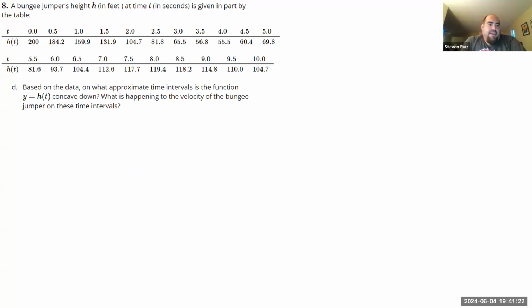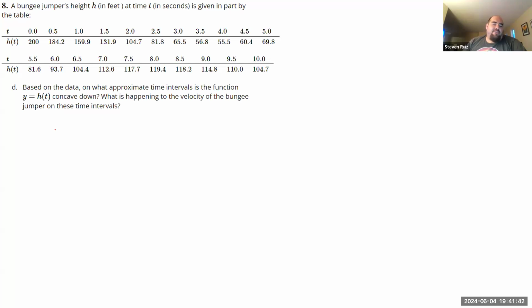And finally, part D: based on the data, on what approximate time intervals is the function concave down? So let's start with that question first. First of all, what does it mean in general for any function to be concave down?